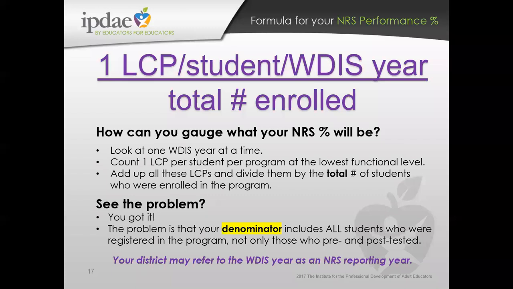Here, we are identifying the number of students who move up at least one functional level within a program, and then we are dividing that number by the total number of students who were enrolled in the program. This means that we must take into consideration a whole lot more than just student test scores, and it leads us to the core of this training, exploring 4 critical factors that impact your NRS performance percent, and strategies that you can implement to make a positive impact on this performance data.